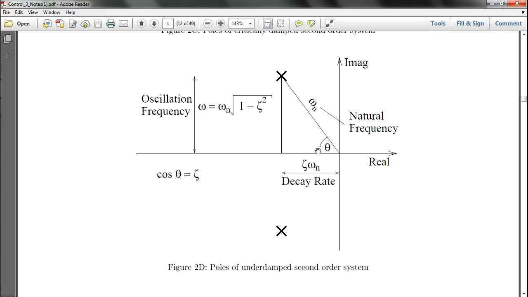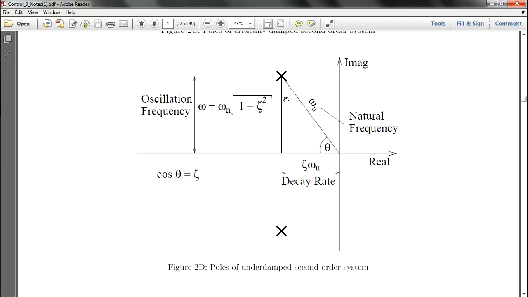Make sure radian is radian, degree is degree. I think you can go with degree first, and then radian. The natural frequency omega is the length itself, the hypotenuse, and this is the damping factor times natural frequency. So you know these two lengths, you can easily plot because they are always the same. They are conjugates of each other.